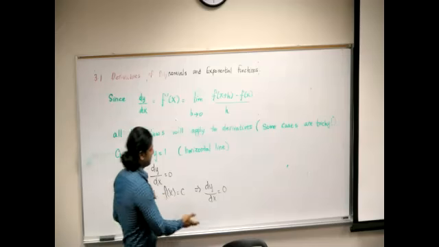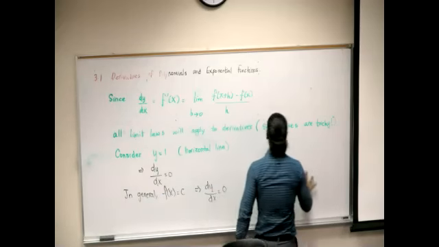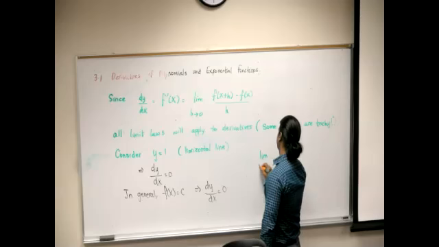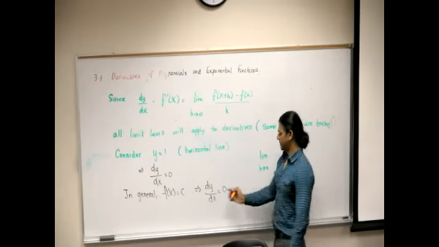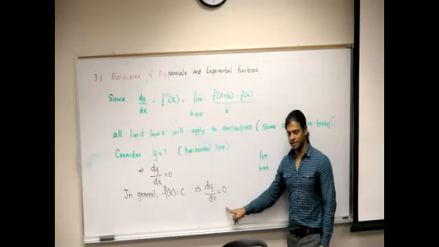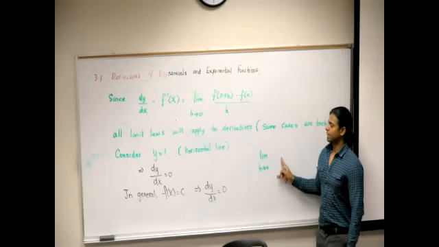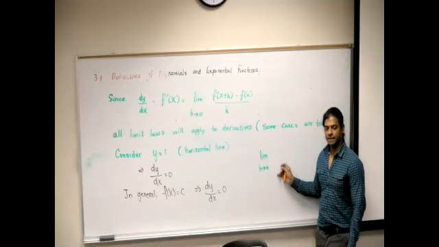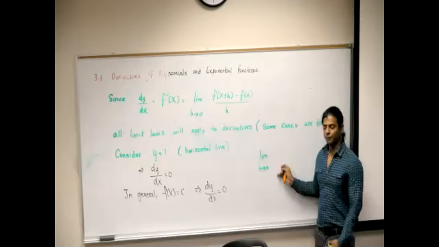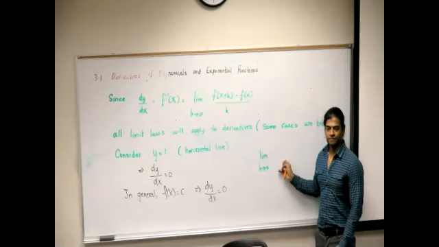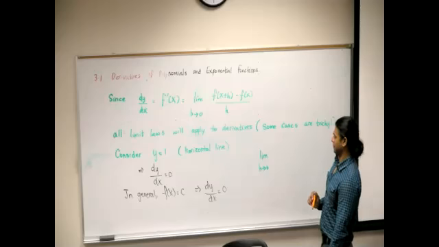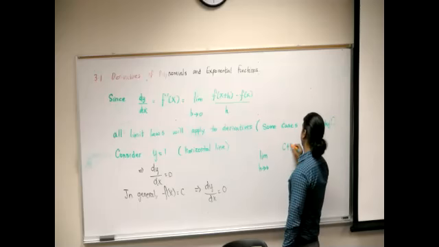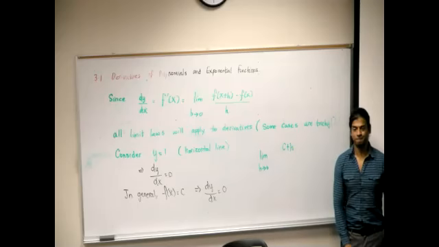I don't want you to simply memorize this. There is a reason as to why this is true. If f of x is equal to a constant c, what is f of x plus h? It'll simply be c plus h, is it right?